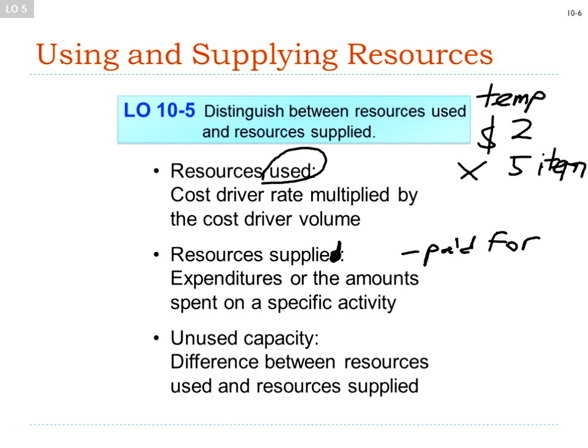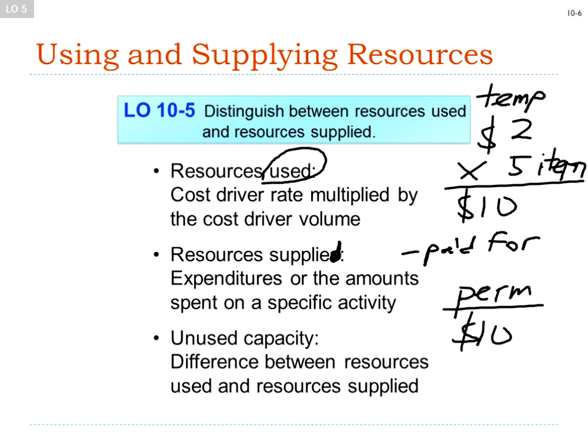So you could be paying a temp worker $10 an hour, or you could just hire a permanent worker for $10 an hour, and that would be the same thing, right?